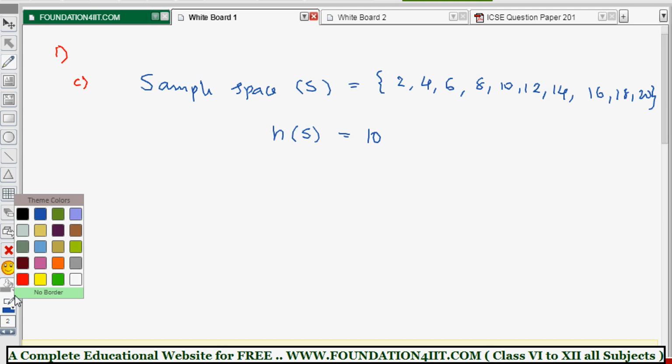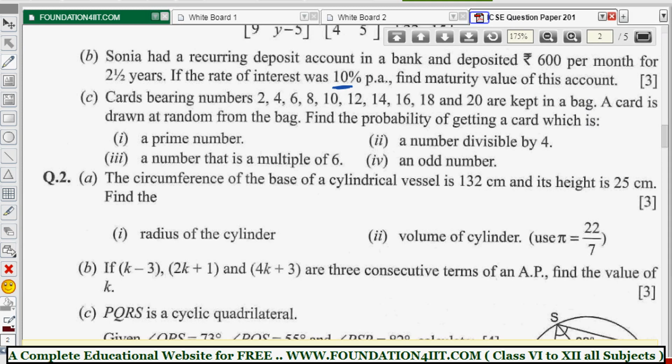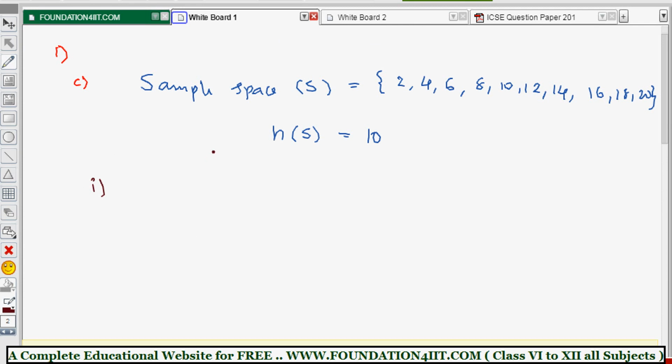Now let us see question-wise. The first one is the prime number. If the card drawn is a prime number, then the favorable cases, if we take the event, E1. Prime numbers from this: only 2 is the prime number, you observe, only 2. That is n of E1 is 1.